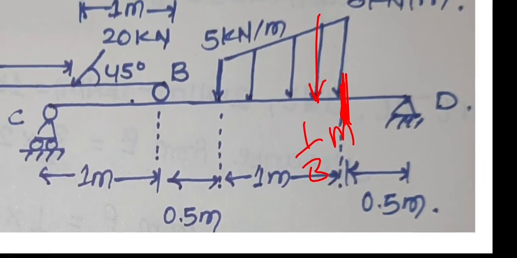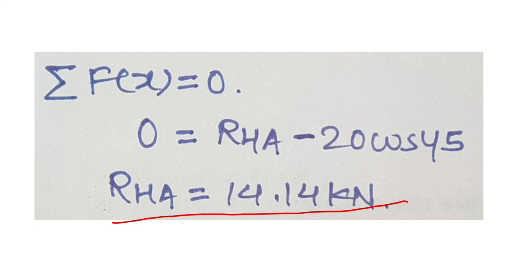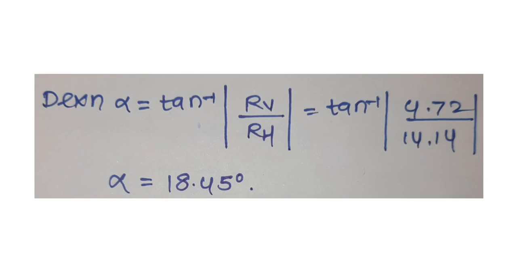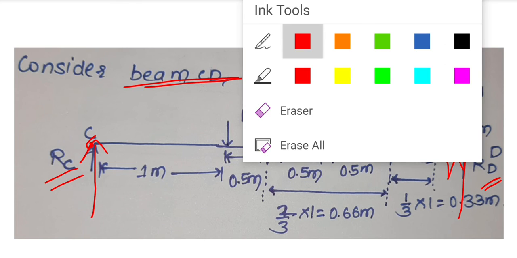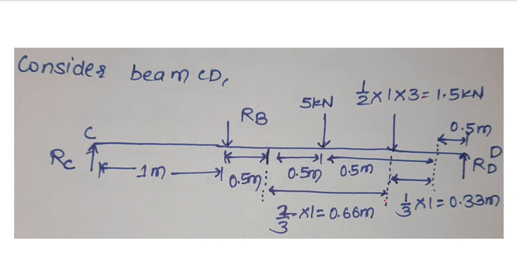So let's see its free body diagram. We will get a free body diagram like this. See the beam CD. At point C there was a roller support, so a perpendicularly upward load RC. At point D there was a simple support, so a perpendicularly upward load RD. Now some more important part we will see.